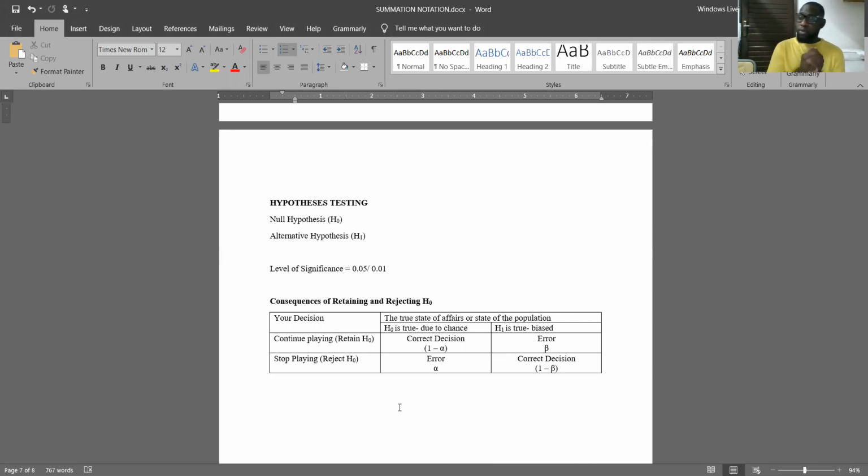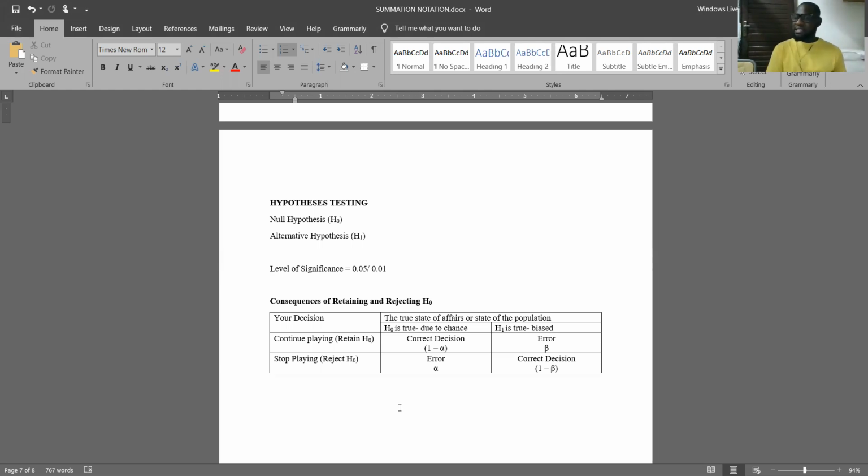So for it to be low, we normally say that it is dependent on the sample size. That's the number of occurrences within your data, or the number of occurrences of an event that is happening in your research work.